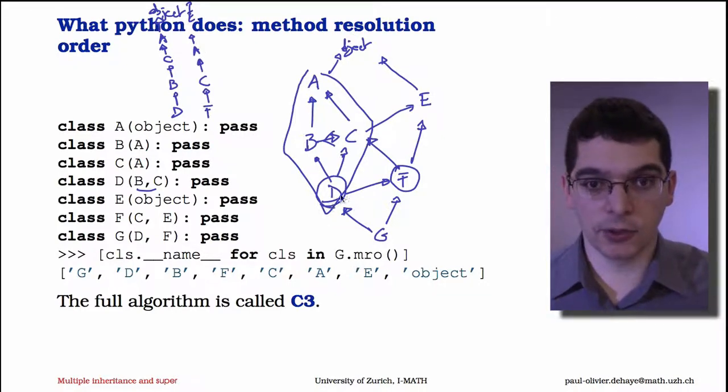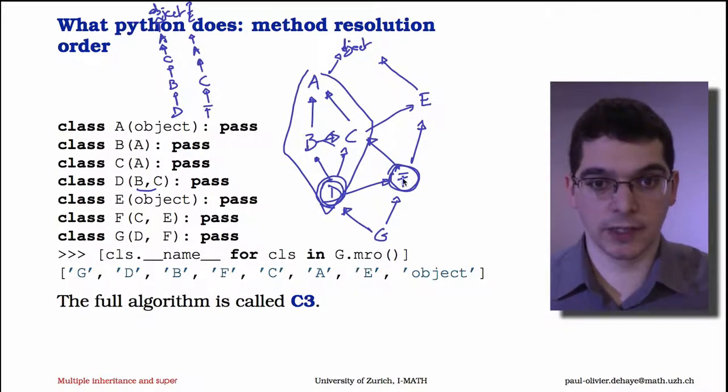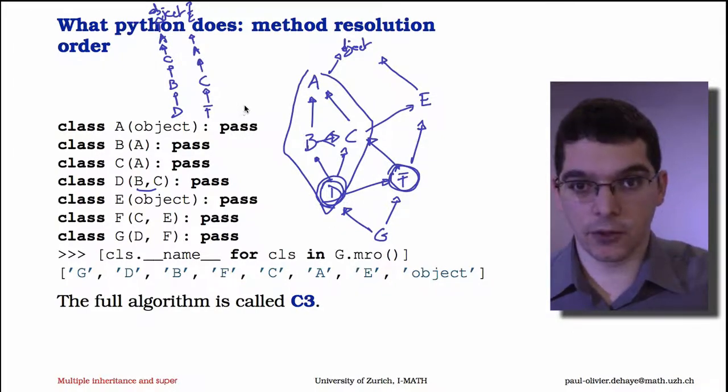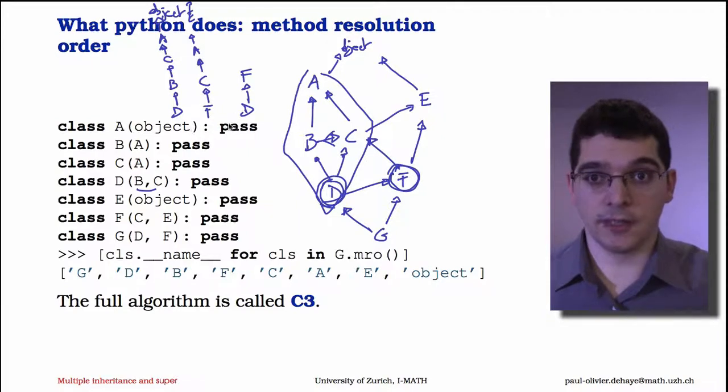It takes the method resolution for D and F, because those are the two base classes of G, and also a vote that D should come before F. Now, with all this information, somehow it will merge all of this into one method resolution order.